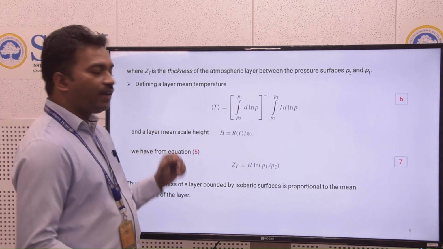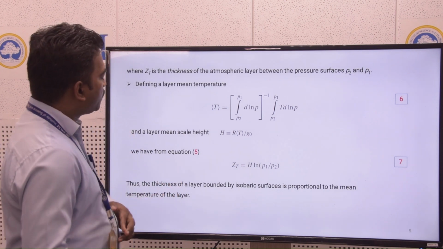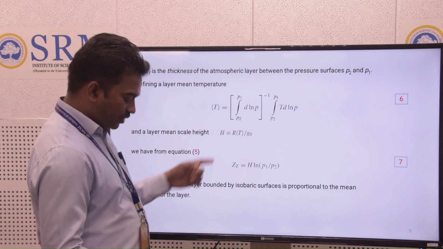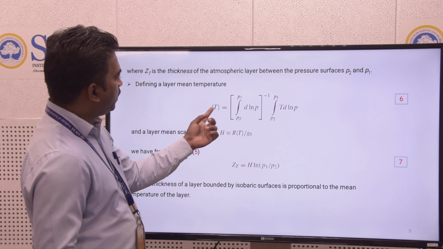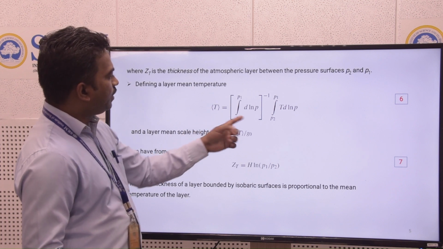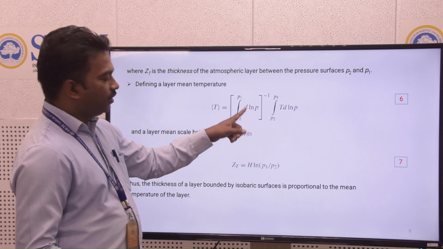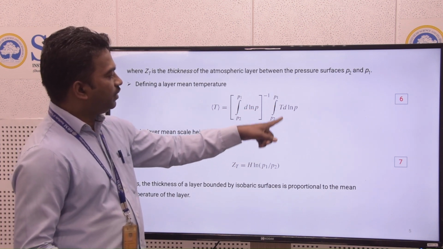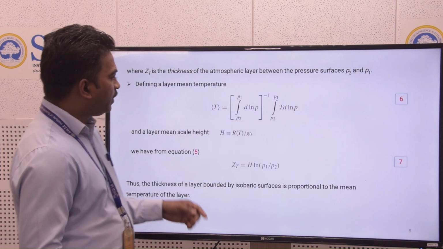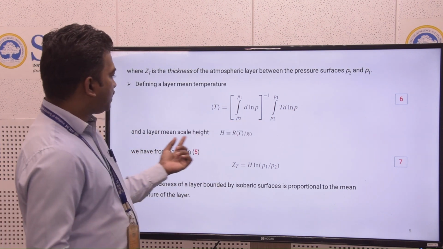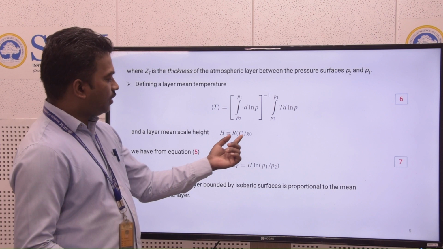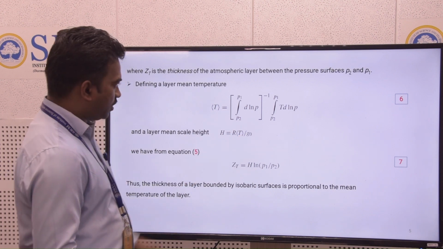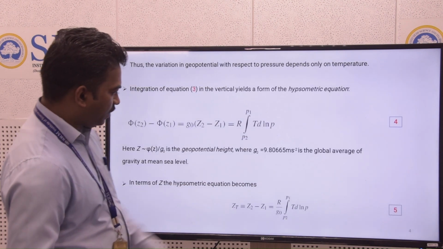Now let us define a layer mean temperature. We can write the layer mean temperature like this: integral P2 to P1 of T d natural logarithm of P, divided by integral P2 to P1 of d natural logarithm of P. And a layer mean scale height as H equals R times layer mean temperature by g naught.